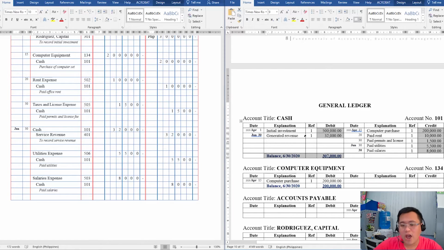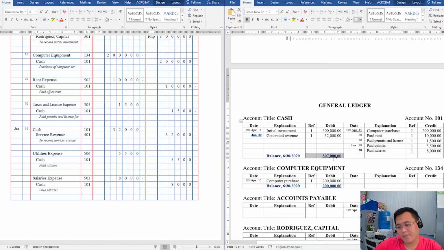Meaning to say, we started on April 1 with a cash of 500,000. But because of the revenue and the expenses and the purchases, we are able to get an ending balance on June 30 at the end of the month for 307,000. Meaning to say, we were able to make a net effect of around 193,000 for us to get the 307,000 pesos.